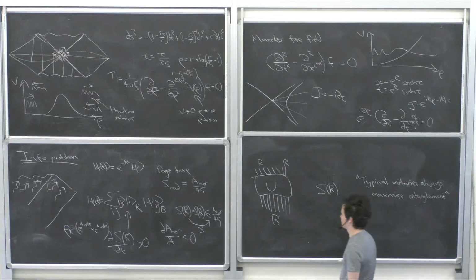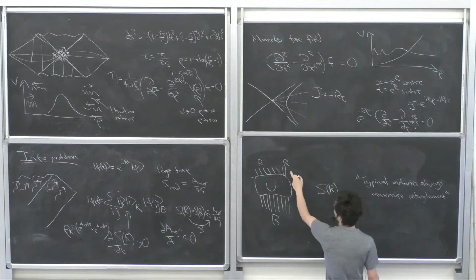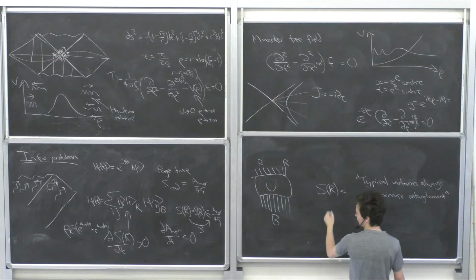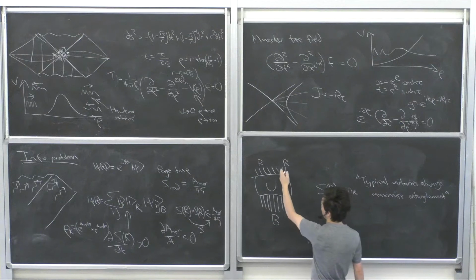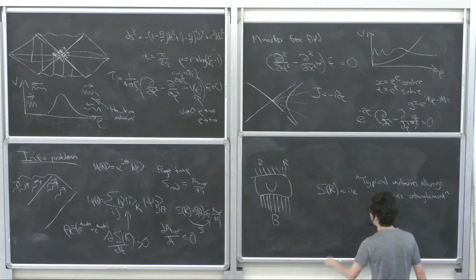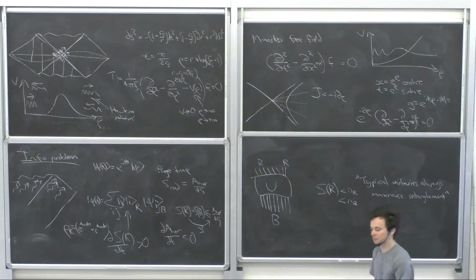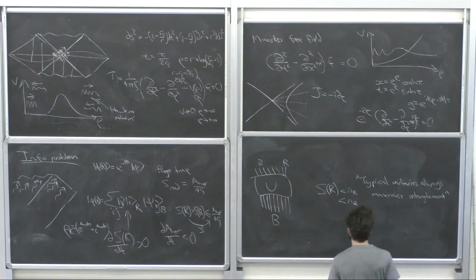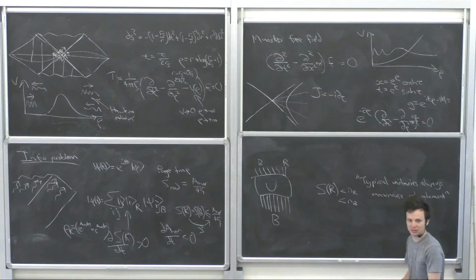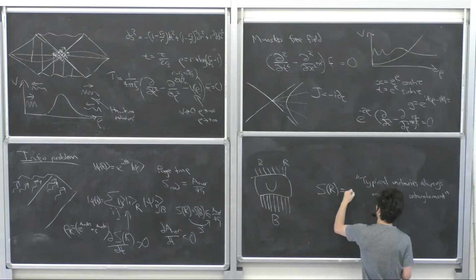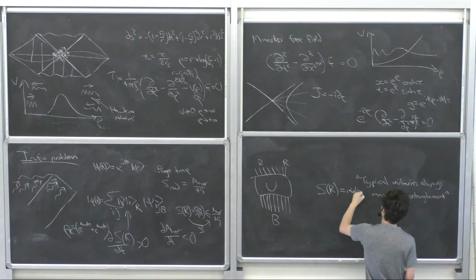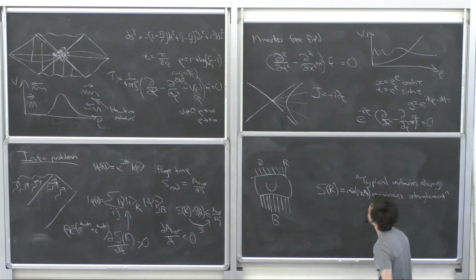So what do I mean by this? I mean we have two bounds here. Okay, S_R can't be bigger than the number of qubits in R. And we also know that because S_R is equal to S_B for a pure state, then it also has to be less than the number of qubits in B. Okay, so it turns out that for typical unitaries, one of these two bounds is always saturated, whichever is smaller, and we have that S_R is just equal to the min of N_R and N_B.